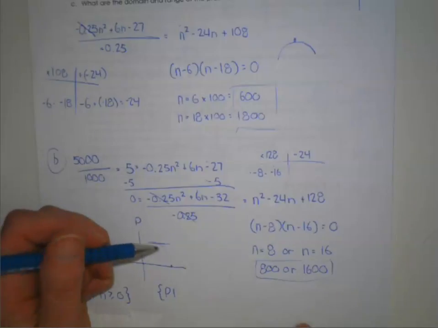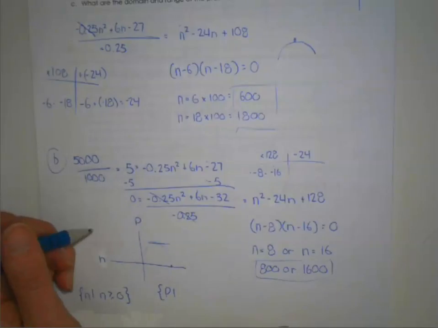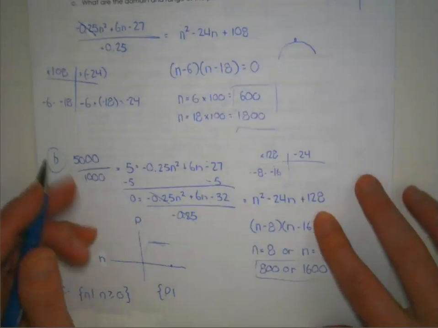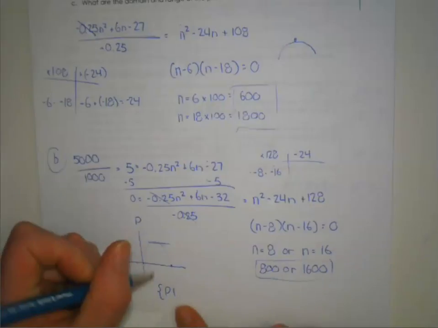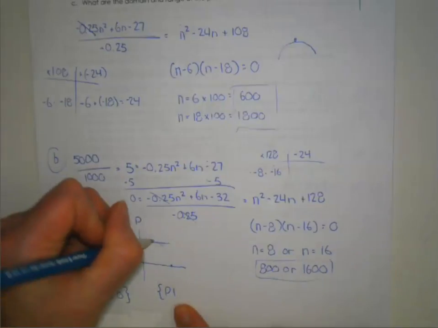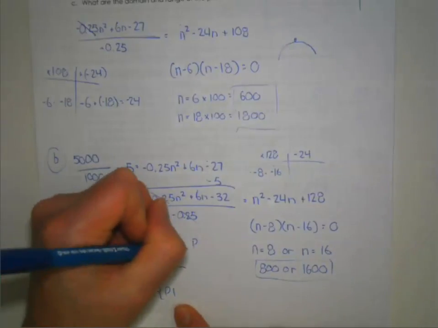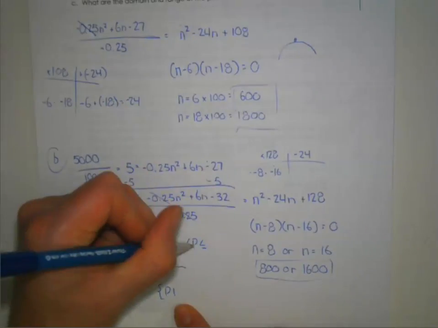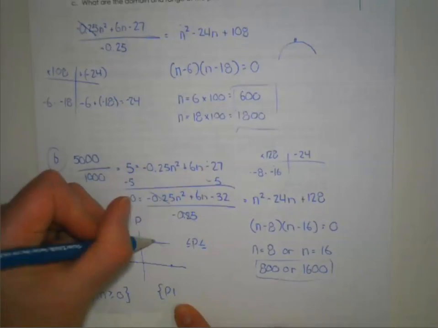Same thing for this one, personally to solve for the domain and range, I'm not going to do a whole bunch more work algebraically to figure out these values. So what I'm going to say is I know that my y value has to be less than the maximum.